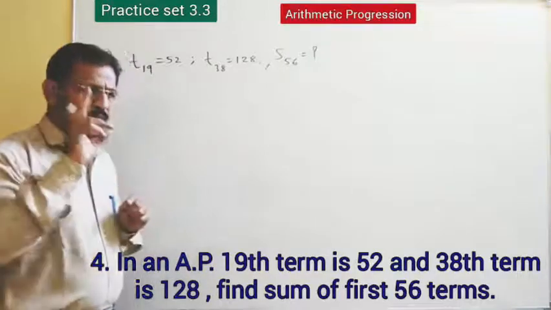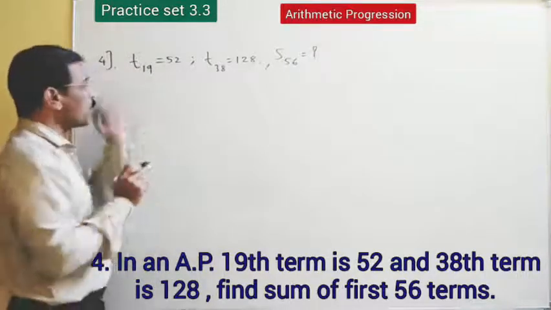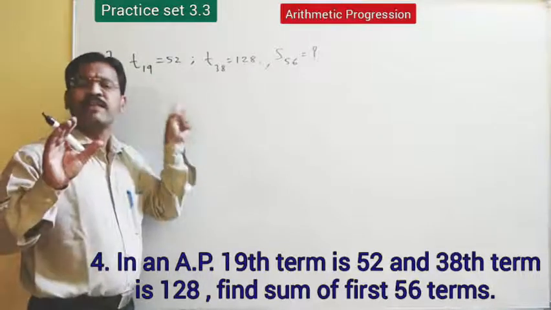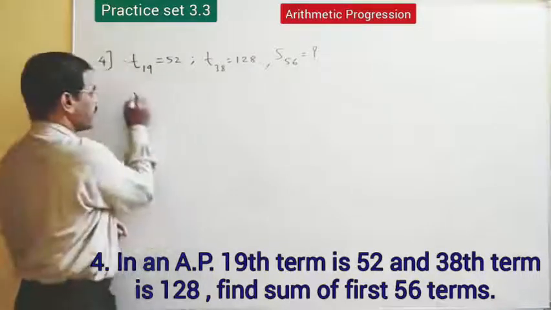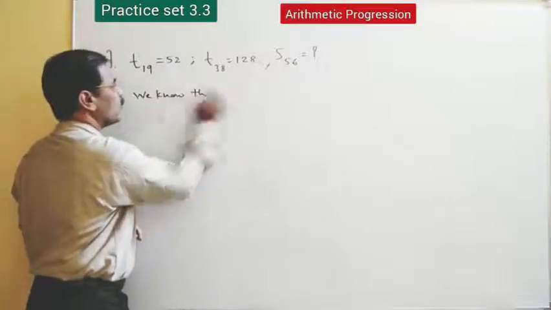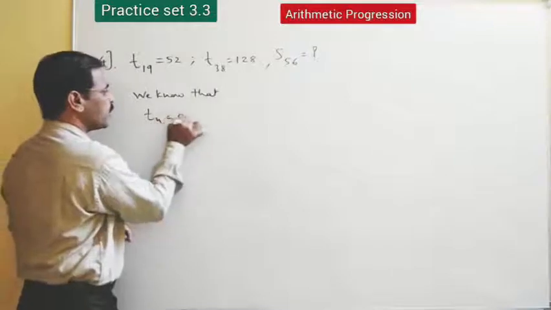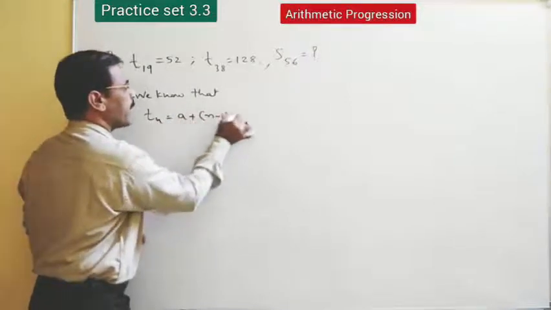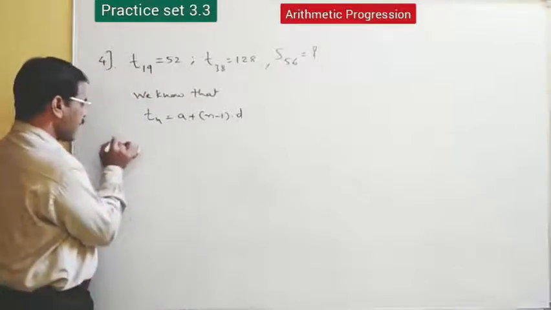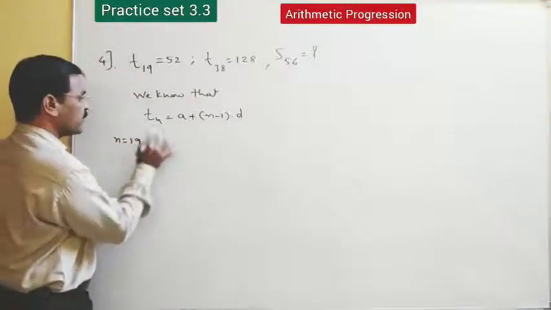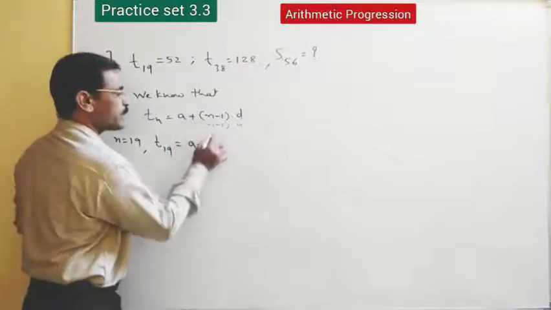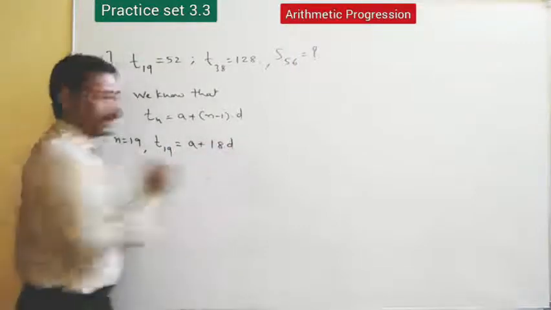Look here, very important. First of all, what do we need? We need the Tn formula. We know that Tn is equal to A plus (n minus 1)D. Here for T19, n is equal to 19, so T19 is A plus, tell me how much, n minus 1 is what? 18D. Is it correct?